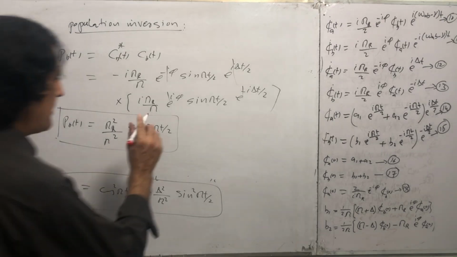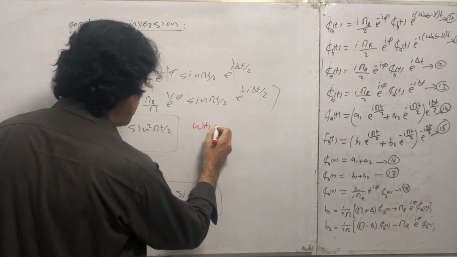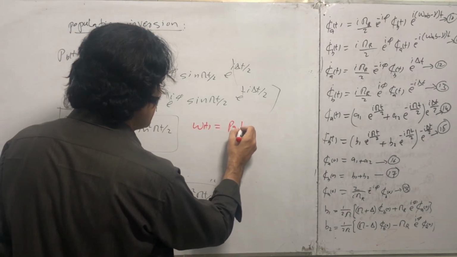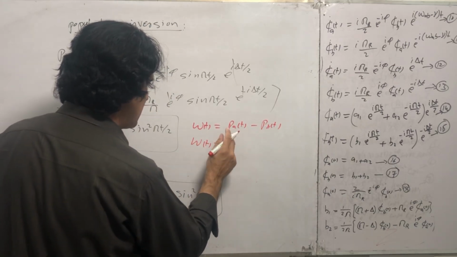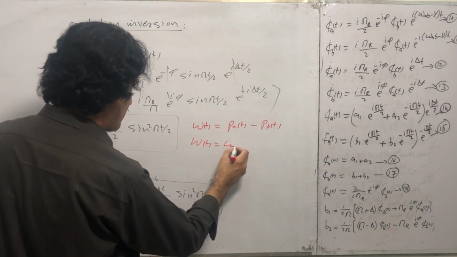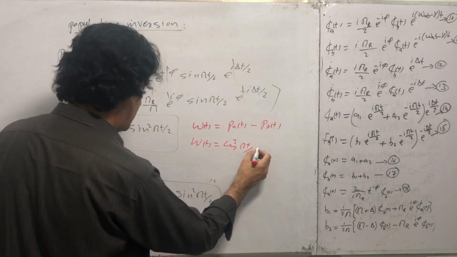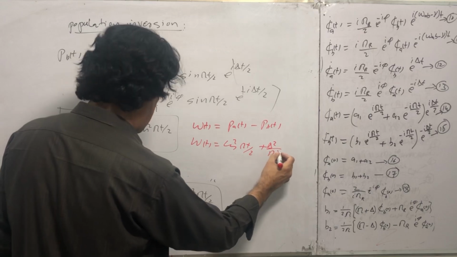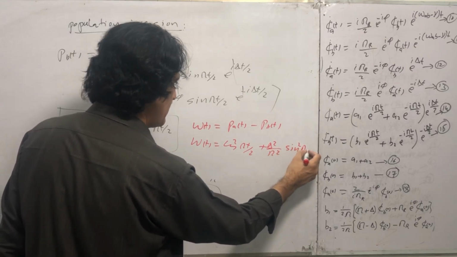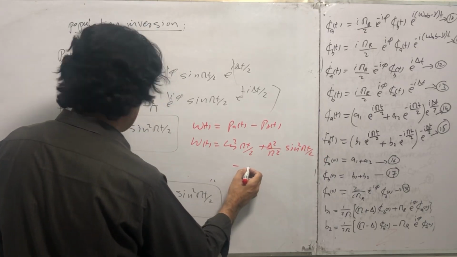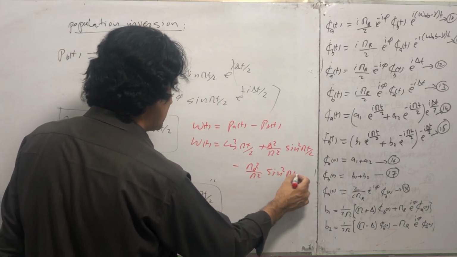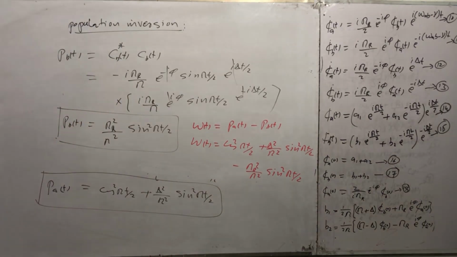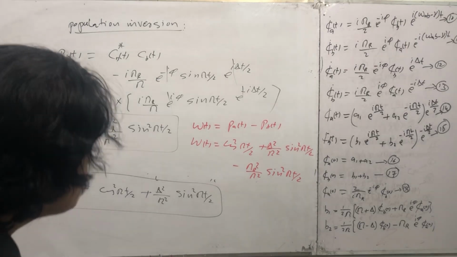And what will be the population inversion? The population inversion is W(t), which is equal to probability of A minus probability of B. So this is cosine squared omega t divided by 2 plus delta squared over omega squared sine squared omega t divided by 2, minus omega_r squared divided by omega squared sine squared omega t divided by 2. So this is the population inversion, and we can also take a common factor.